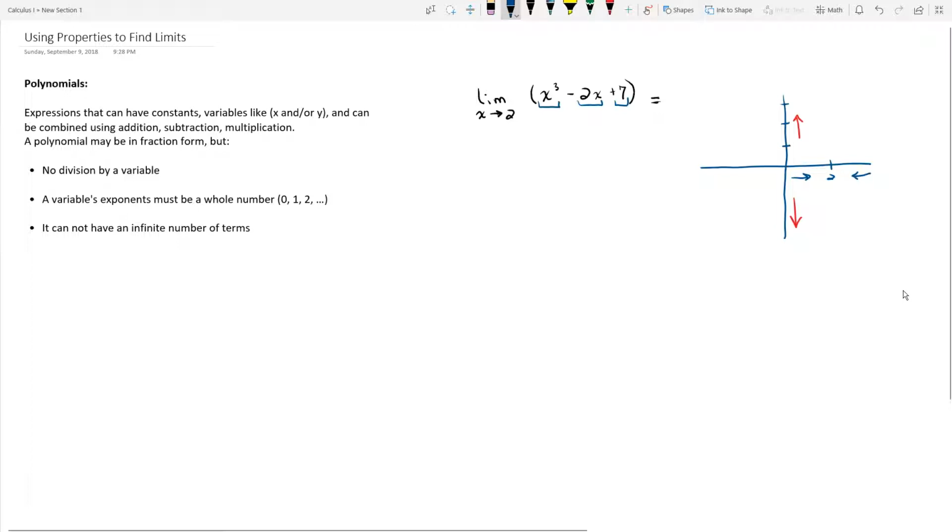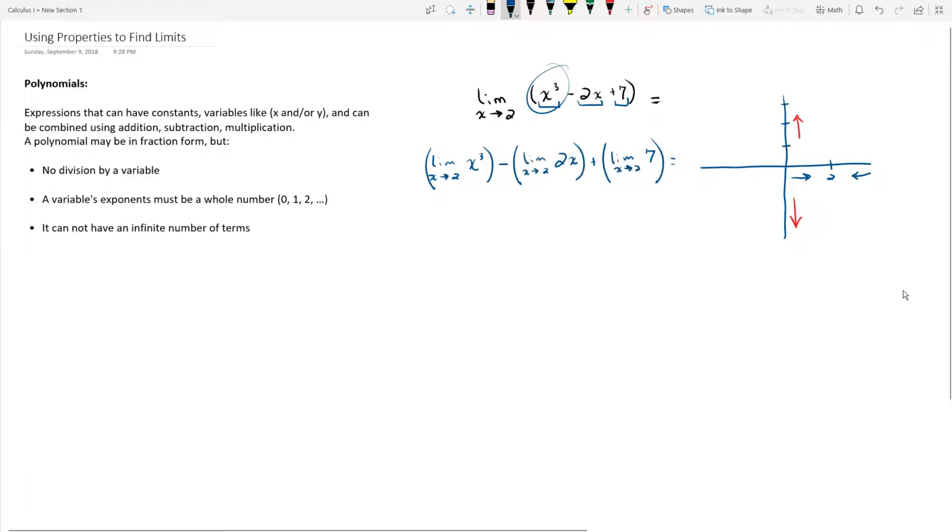Until we find it, we're going to rewrite this as the limit as x approaches 2 of our first term, x to the third, minus the limit as x approaches 2 of 2x, plus the limit as x approaches 2 of 7.